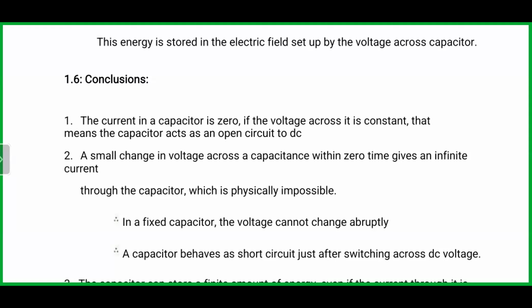Sir, first, why a capacitor? Sir, please, your line is breaking.